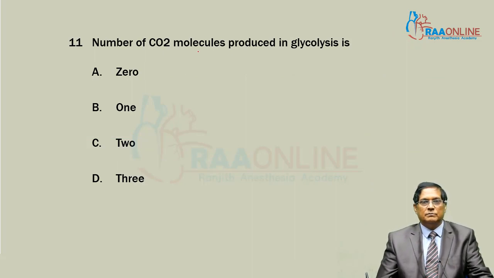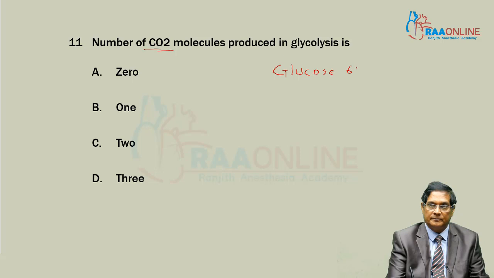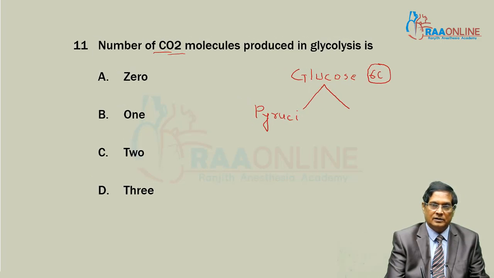Question number 11: the number of carbon dioxide molecules produced in glycolysis. See this: glucose is a 6 carbon compound and gets converted into pyruvic acid, a 3C compound, 2 molecules by the process of glycolysis.